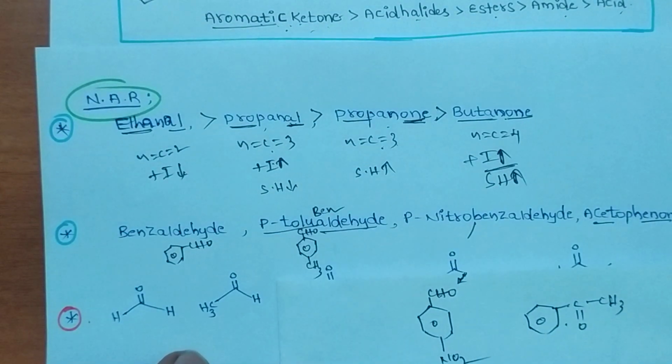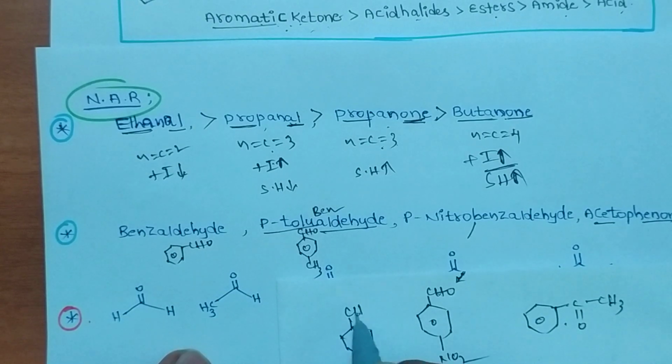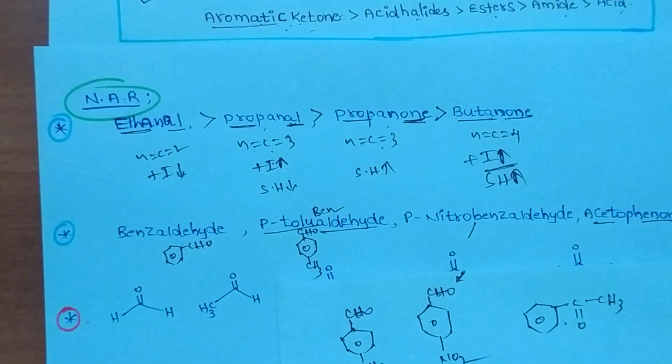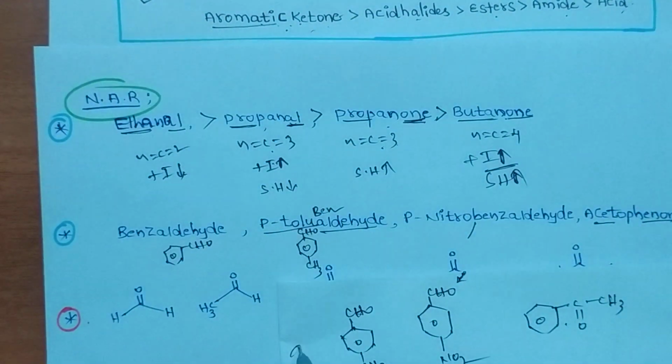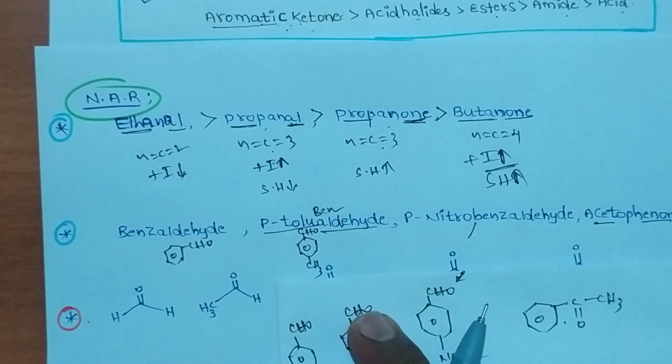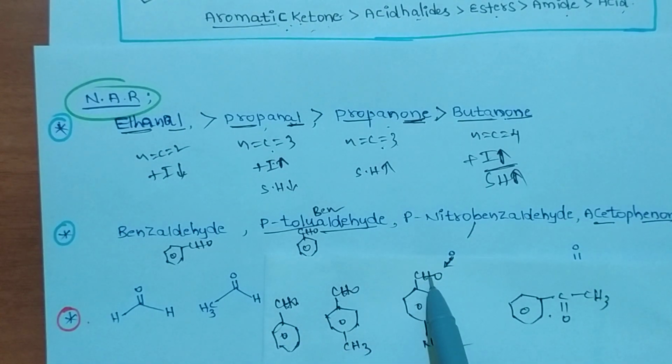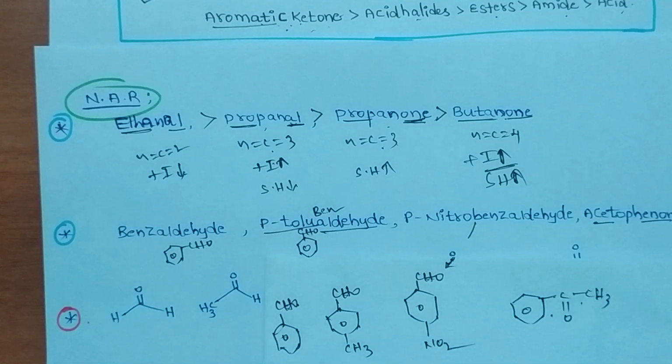Now this is benzaldehyde with a CH3 at the para position, para-tolualdehyde. Next, this is benzaldehyde. All are benzaldehydes except one. Aldehyde versus ketone: aldehydes are more reactive.